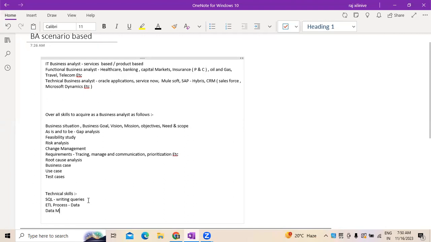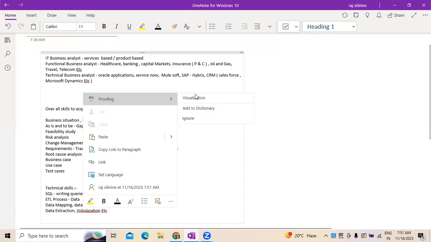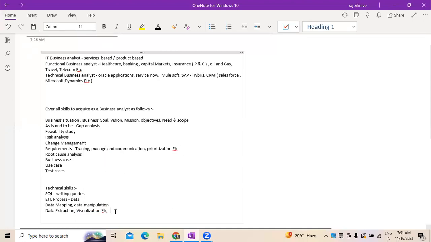Next, they're asking about data mapping and data manipulations, etc. Next, data extraction, visualization, and all that, using different tools, for example Power BI and Tableau.